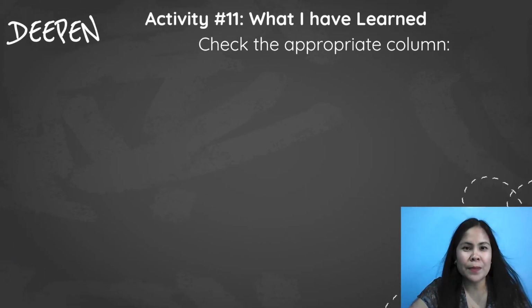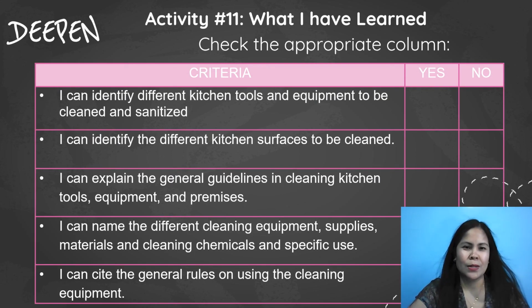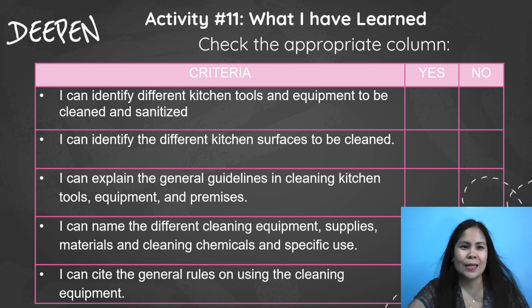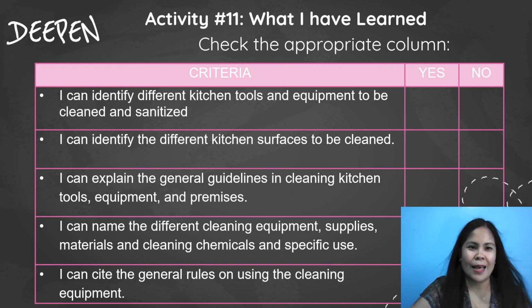Still part of deepen activities, activity 11, what I have learned, you're going to check the appropriate column. So the criteria are the learning objectives that we discussed at the start of our discussion. So these are the criteria. I can identify different kitchen tools and equipment to be cleaned and sanitized.